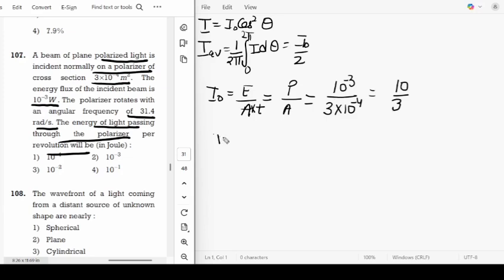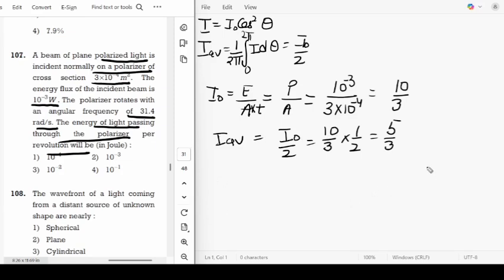Now I average is equal to I naught by 2, that comes 10 by 3 into 1 by 2. This relation comes out equal to 5 by 3.